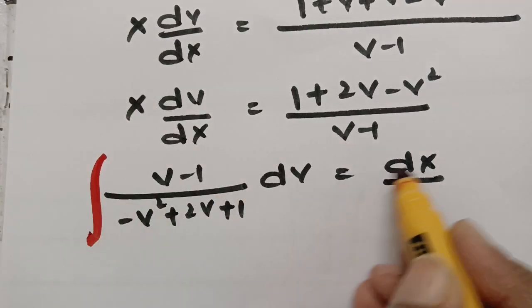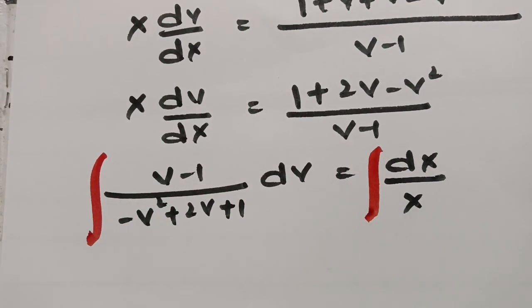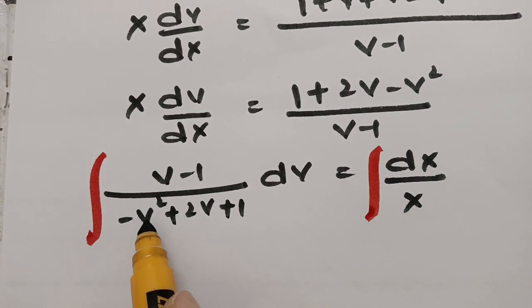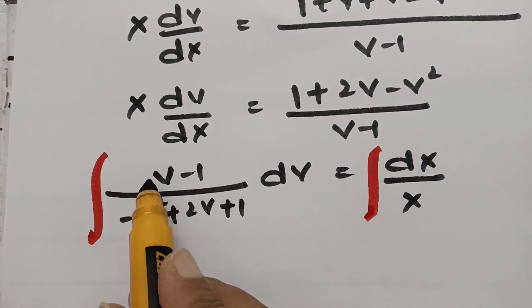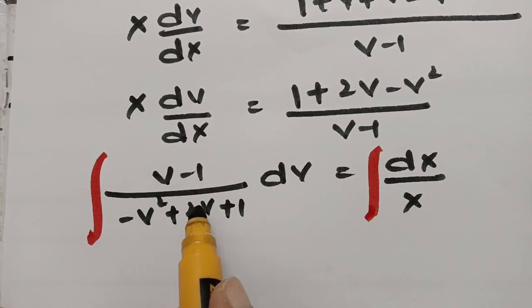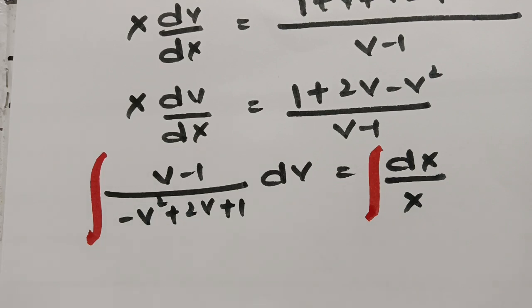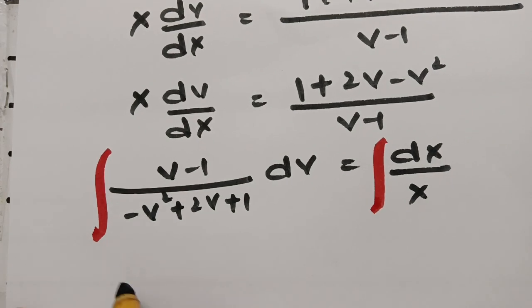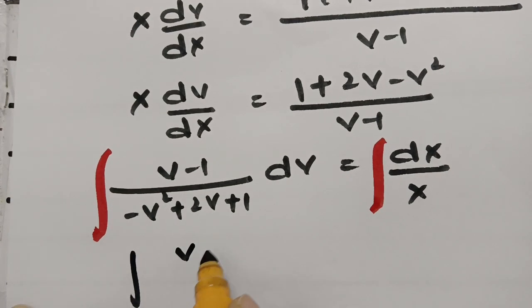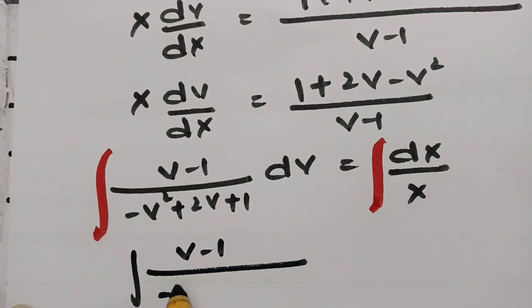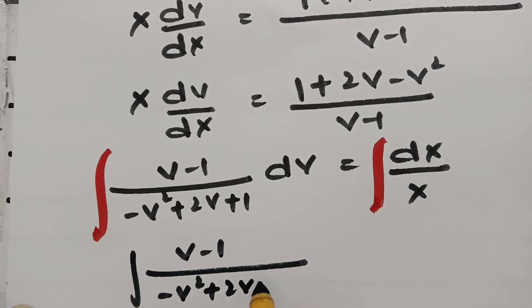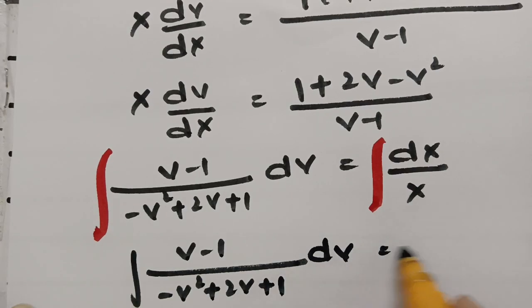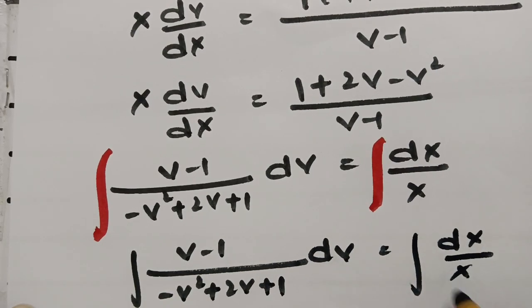If I integrate on both sides, the derivative of minus v square should be minus 2v, and the derivative of 2v should be plus 2. Now I am going to multiply and divide. This is 2 minus 1 over minus v square plus 2v plus 1 into dv is equal to dx by x.